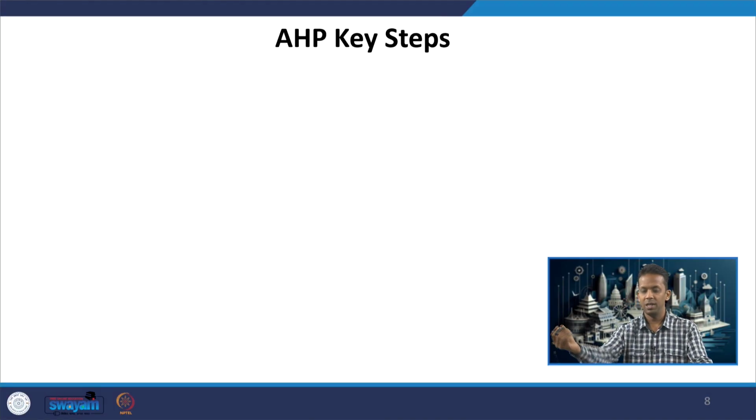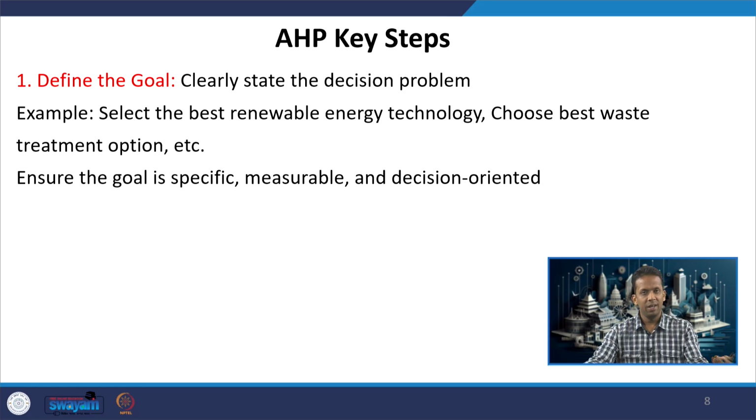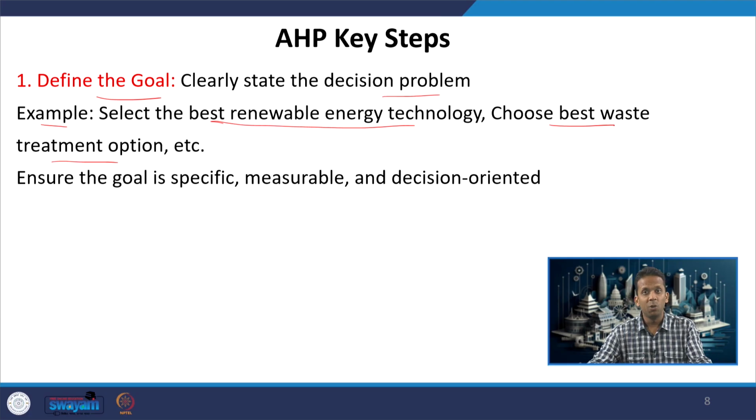Now, coming to the key steps. The first step, as you saw in level 1, is to define the goal. Clearly state the decision problem, for example, select the best renewable energy technology or choose the best waste treatment option. Waste can be treated by landfill, by anaerobic digestion, by combustion, incineration.